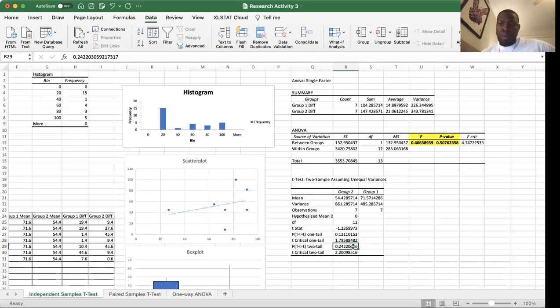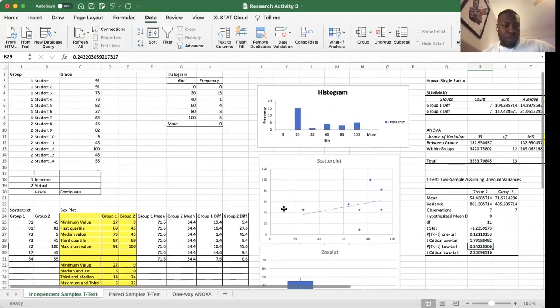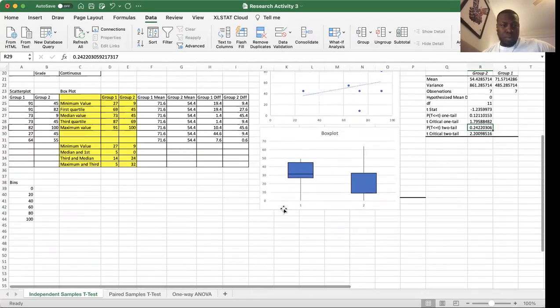So that's pretty much what I had to do with the independent samples t-test, to see if I could reject or accept the null hypothesis. And since I did not get a value that was less than the alpha, which was 0.05, that means that I could accept my null hypothesis. So that's what this information right here shows us.